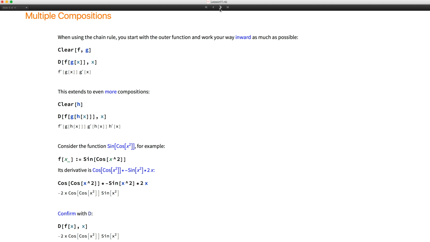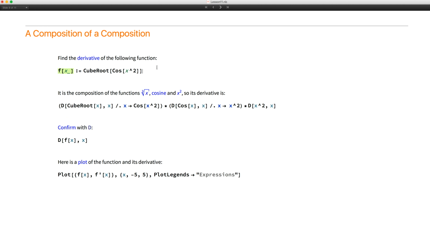So a similar example is the one I take up next, which is the cube root of cosine of x squared. So again, you start from the innermost function, x squared, then work out the next function derivative in the chain, and then the outermost derivative.